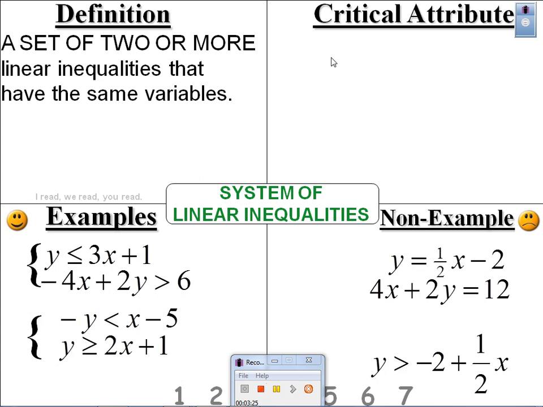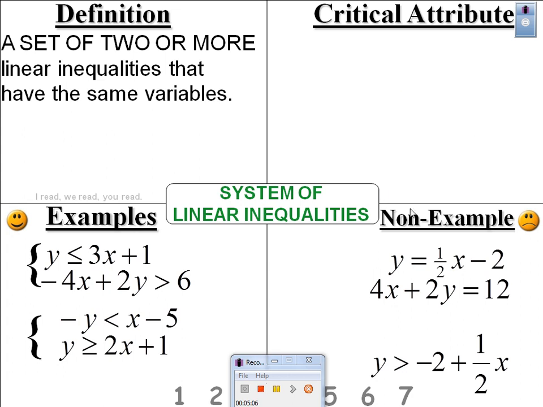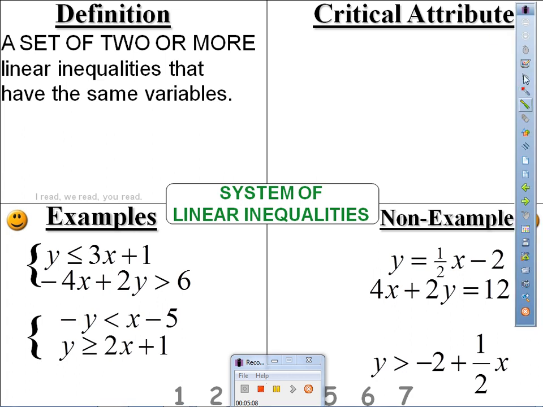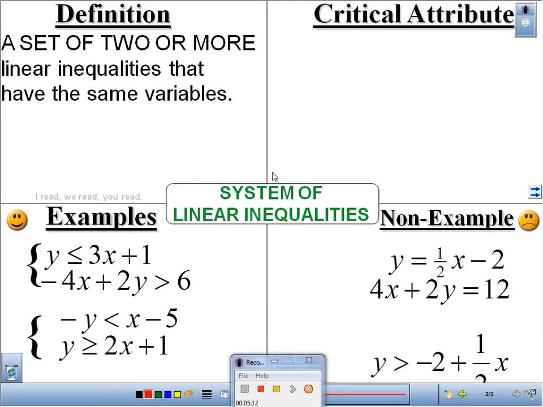All right, come up with a hashtag, please. We can share that. Isaac, hashtag what? Two or more.